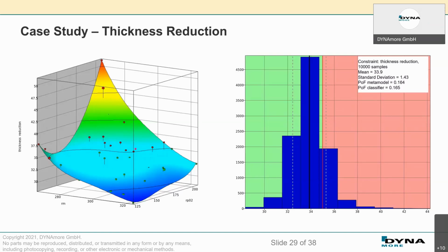Like this, we also get a better metamodel approximation in that area, which leads to better results for the probability of failure calculated on the metamodel. So no matter if you use the metamodel or classifier approximation in the end to evaluate the probability of failure and other quantities, adaptive sampling is definitely useful to improve the results.